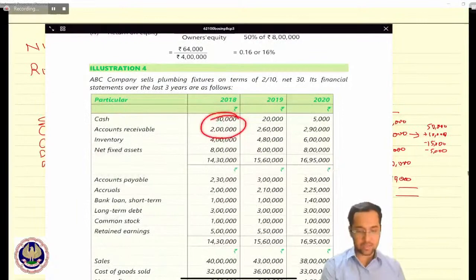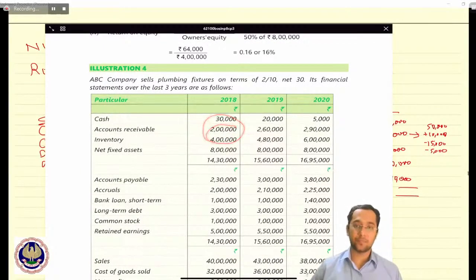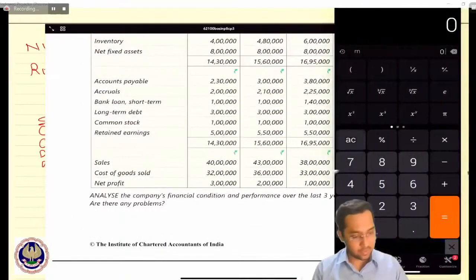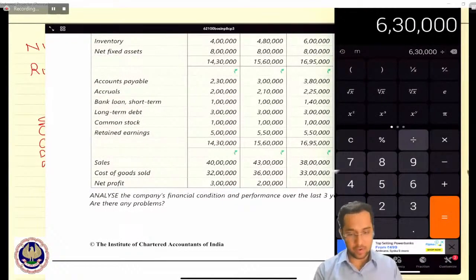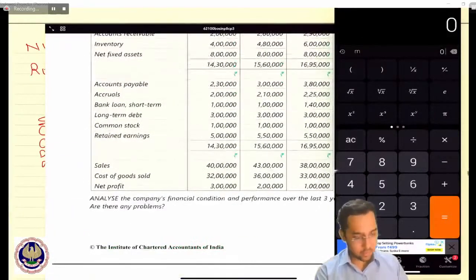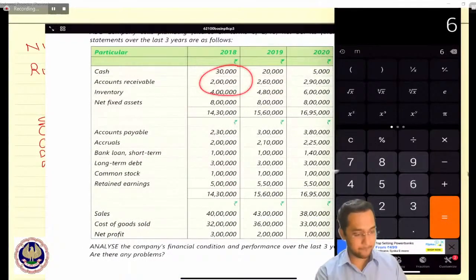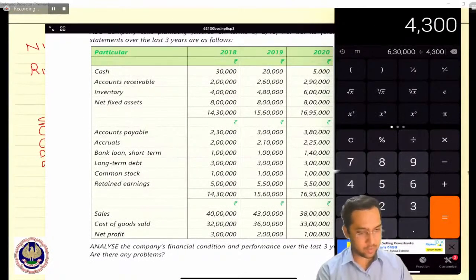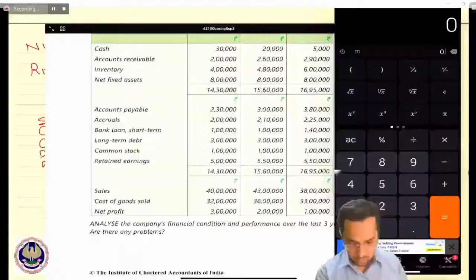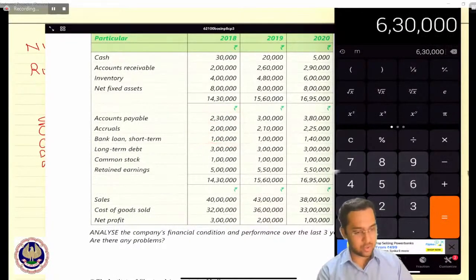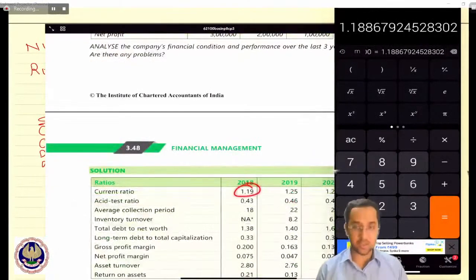You can say it is current asset of 6 lakh 30,000 divided by current liability, and 1.19 is the ratio that we have.